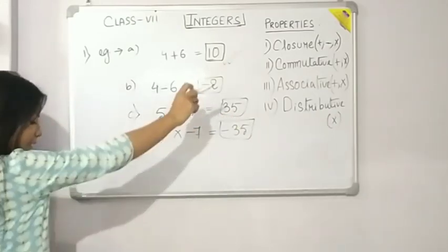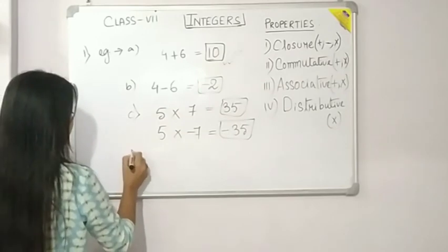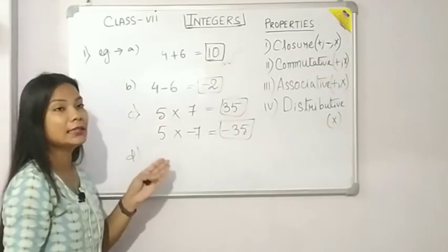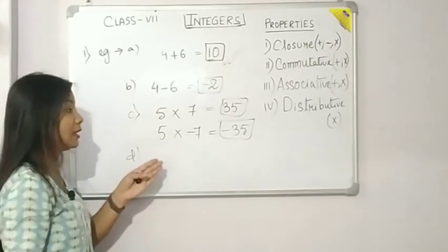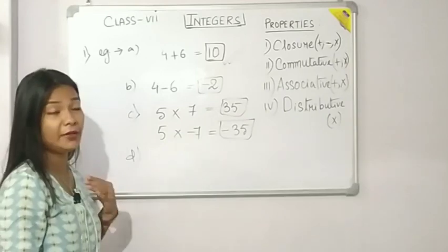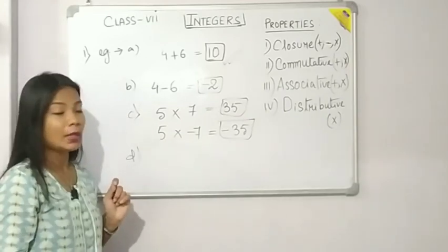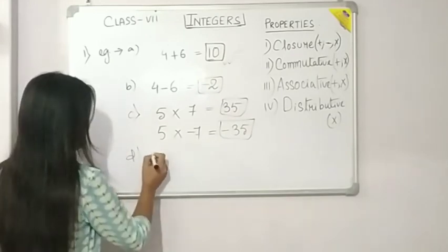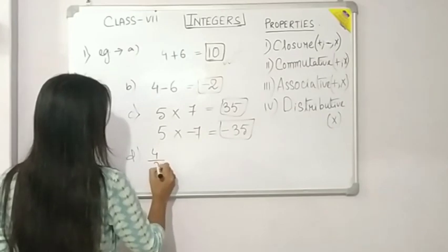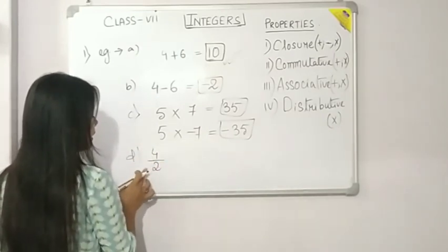I have not given a division sign here. Why? Because let me show you an example for division. What did I say in the very first part of the class? That any fraction or decimal is not considered an integer. So let me take an example of 4 by 2. 4 is an integer, 2 is also an integer.